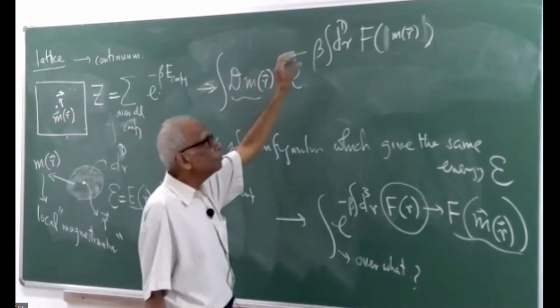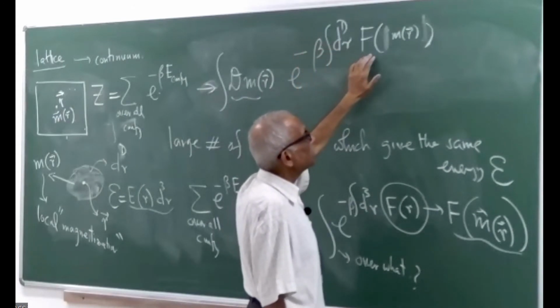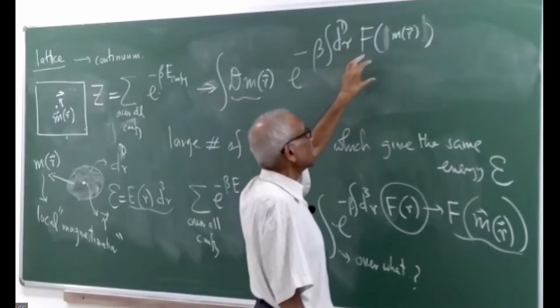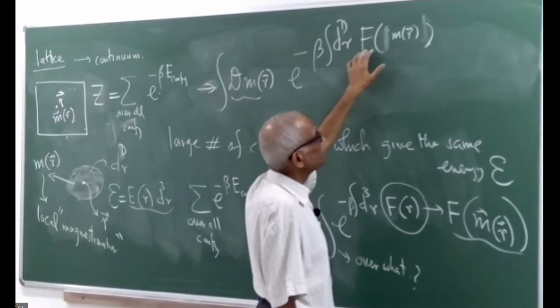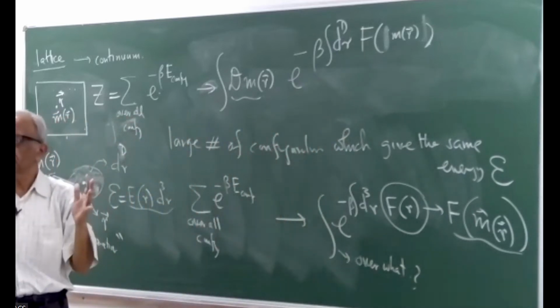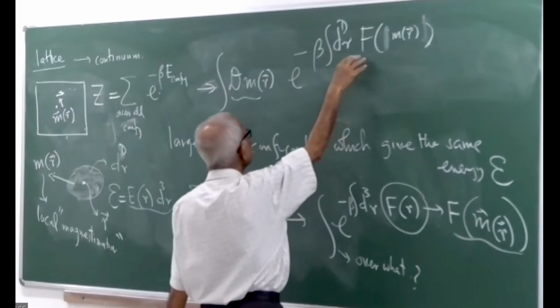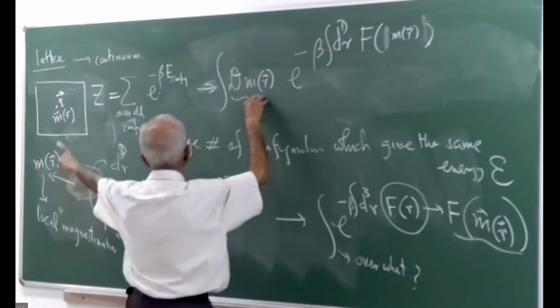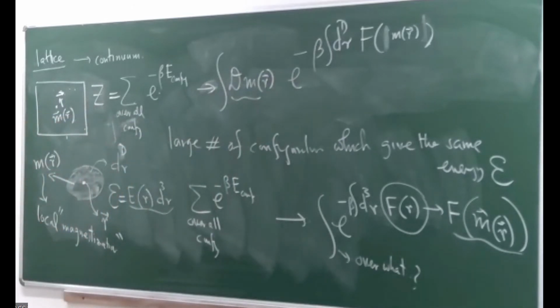So I have to have the model. Where is the modeling? The modeling is in what function f of this m of r is. That's where the modeling comes in. So you give me a model, I put it down over there, and now to get the partition function, I have to carry out this integral.